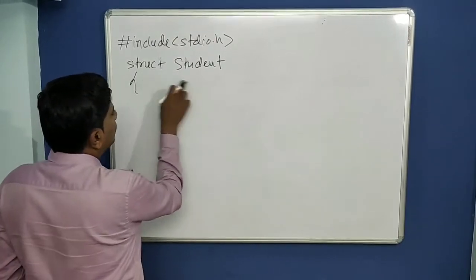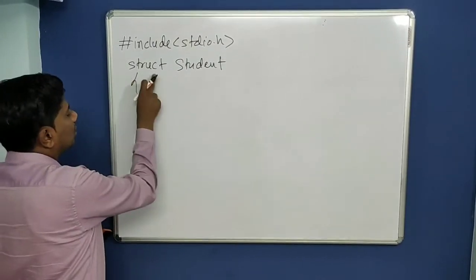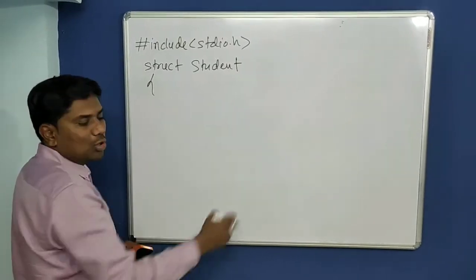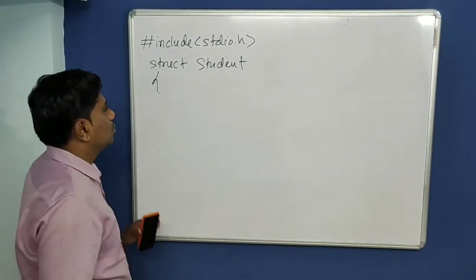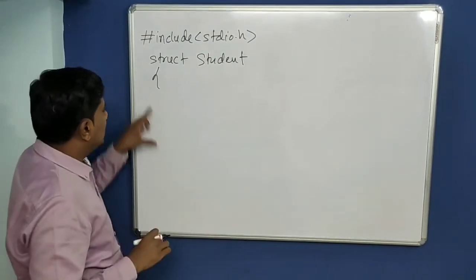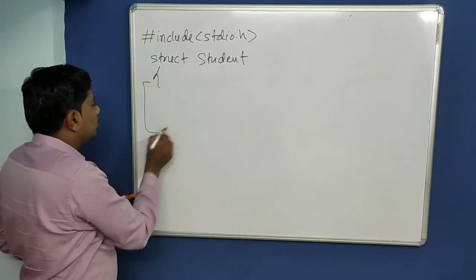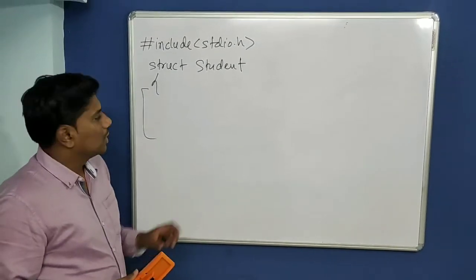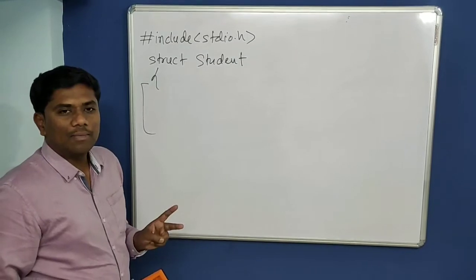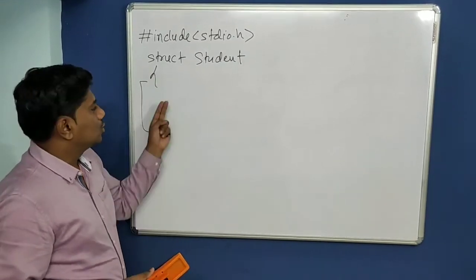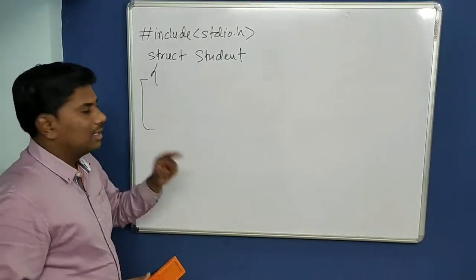See how to define structure: struct keyword and structure name. You need to take student structure. Now inside this bracket, what should be there? Structure members. They have given that three members should be there: roll number, average and name.